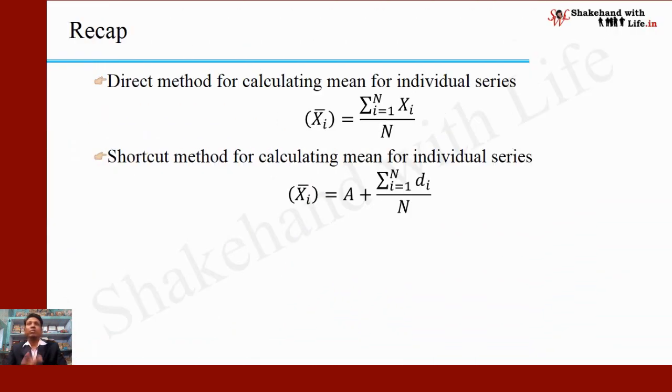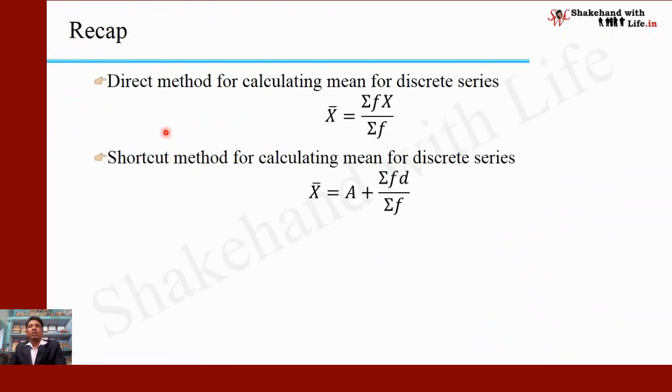Direct method for calculating mean for individual series is x bar is equal to sigma xi divided by n, where xi is any individual value, n is the number of data values. Shortcut method for calculating mean for individual series is x bar is equal to A plus sigma di divided by n. Di is the deviation of each individual value from assumed mean.